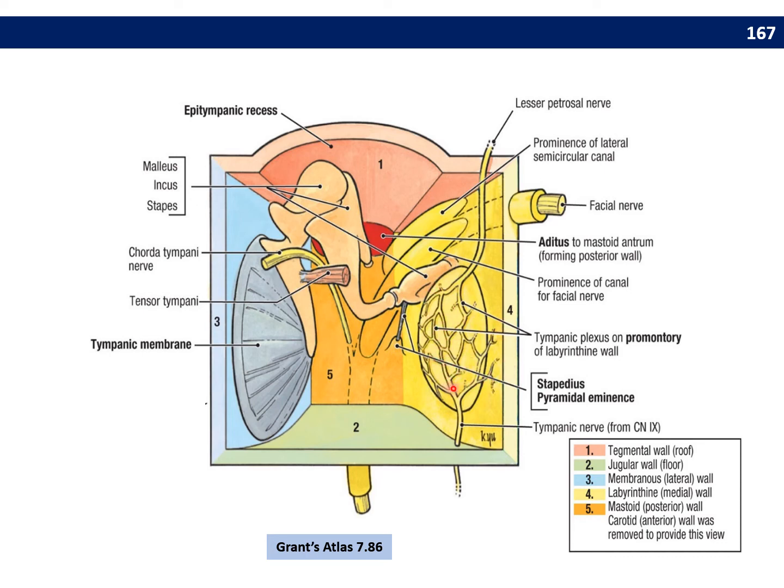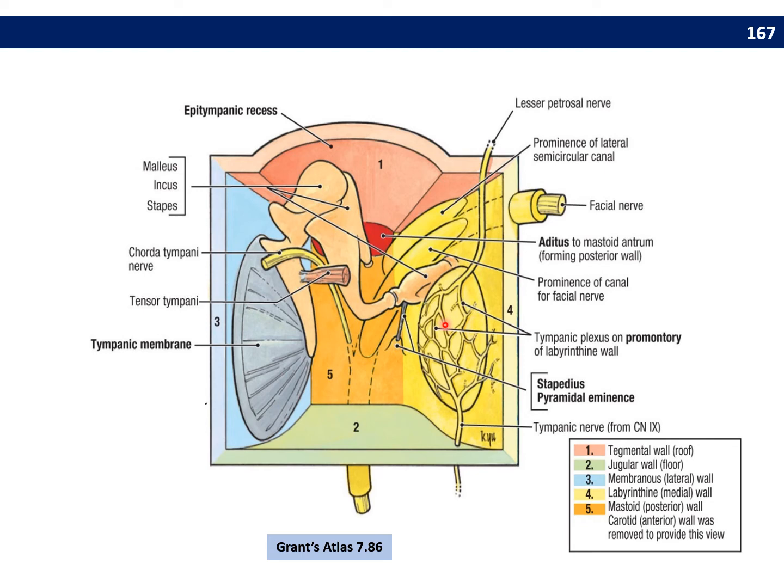Now, the tympanic nerve from glossopharyngeal provides the parasympathetics that are a part of this plexus. The sympathetics come from the sympathetic plexus that accompanies the internal carotid artery, which is in this space that we're looking through. And I'll show you another image of that so you can really appreciate the complexity of this area.